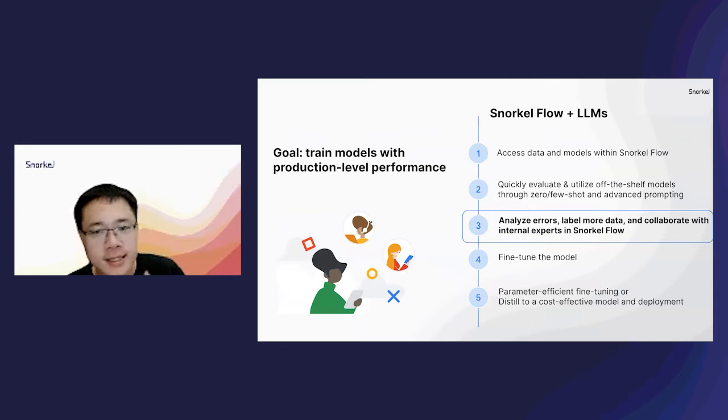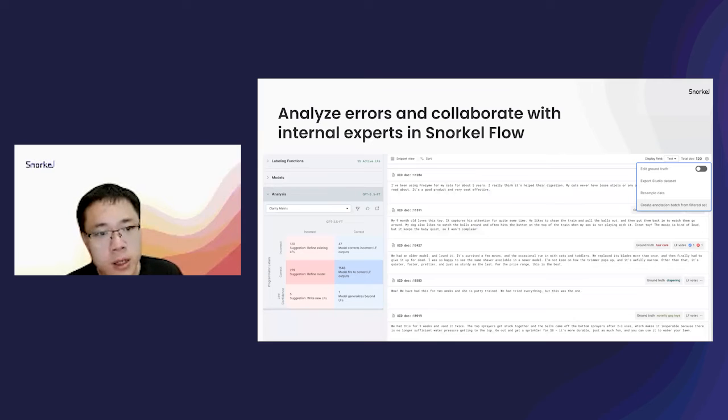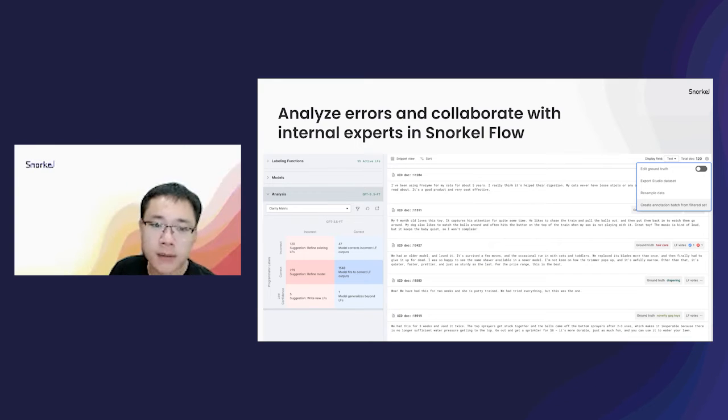Next, after you see your data and the initial predictions by your large language models, you can analyze errors, label more data, and collaborate within Snorkel Flow. When you see the error slices inside Snorkel Flow, you can see a variety of your data. There are a lot of well-supported analysis tools provided by Snorkel Flow.